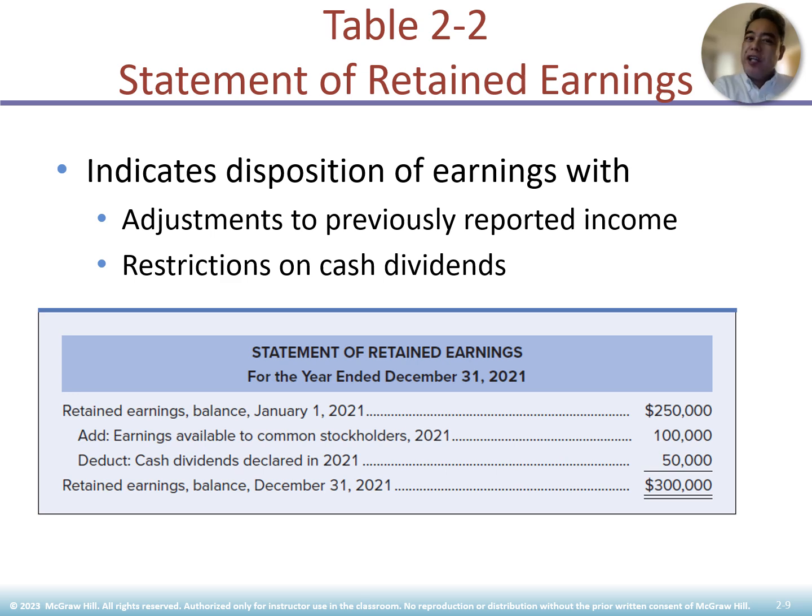Now, what happens again with the net income? The net income, remember we have 100,000, right? The net income that's been realized by Kramer would be closed or carried over to the retained earnings section of the balance sheet. So this one is the roll forward of that one. So 250 beginning retained earnings plus 100 is 350, minus 50, which is the cash dividends, is 300. Now, what's retained earnings?